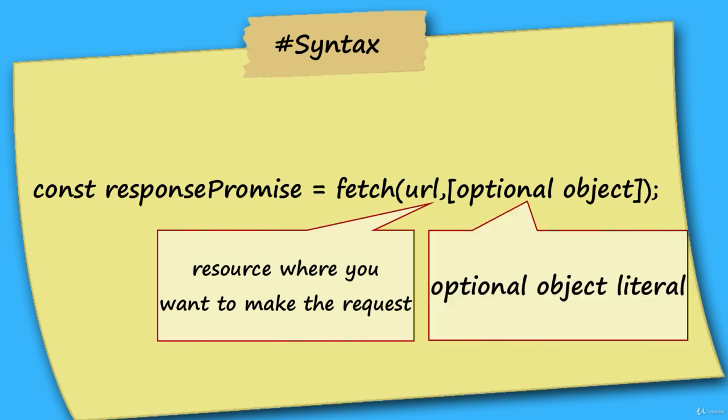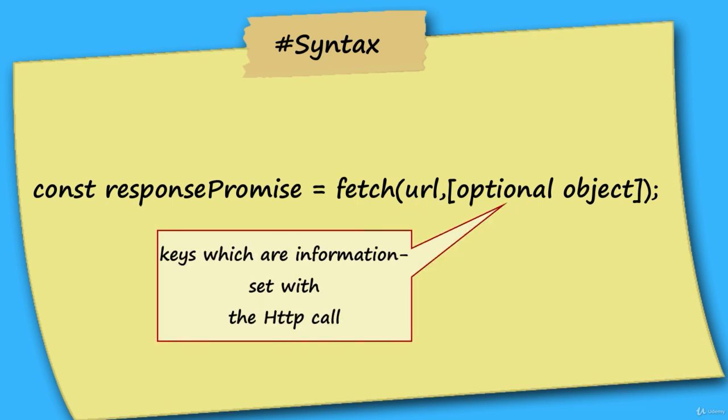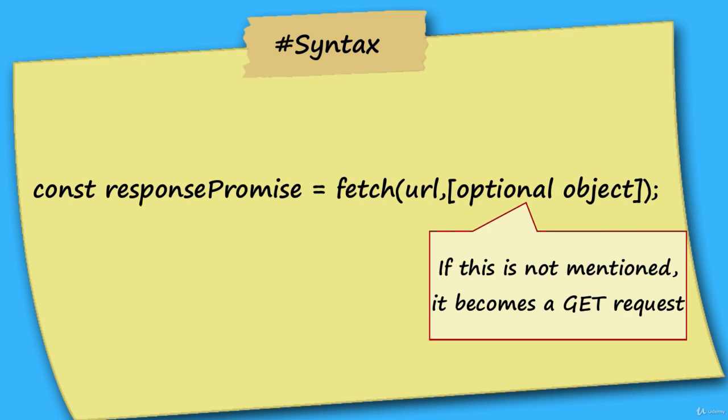The second parameter is an optional object literal, and if not given, by default the Fetch API will make a GET request. This optional object can have various keys which are information sent with the HTTP call. For example, if you do not have this second parameter mentioned, then it will be a GET request. But let's say you want to make a POST request.